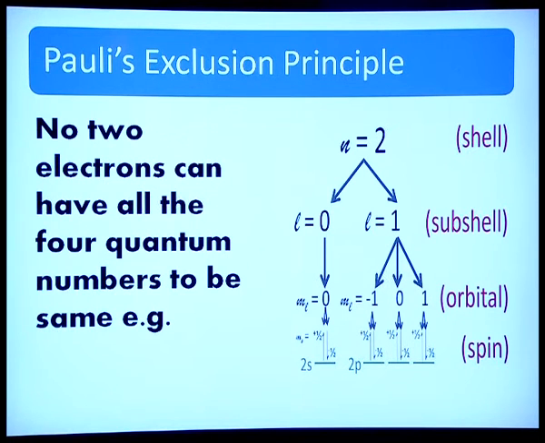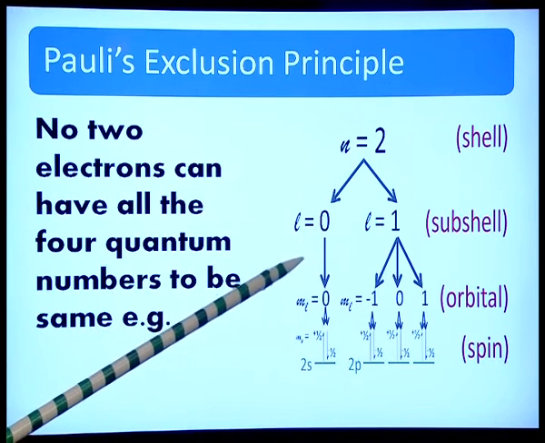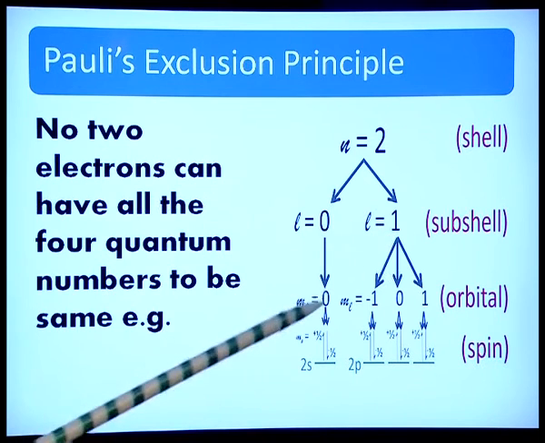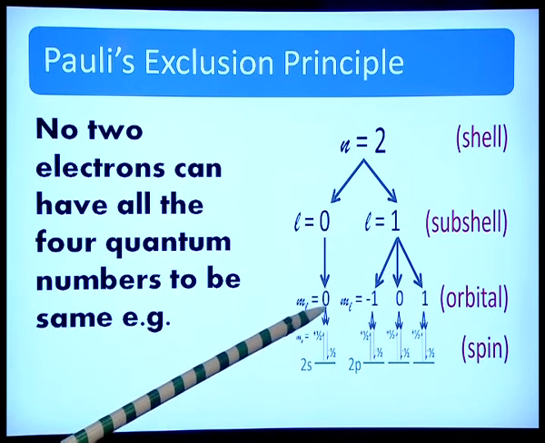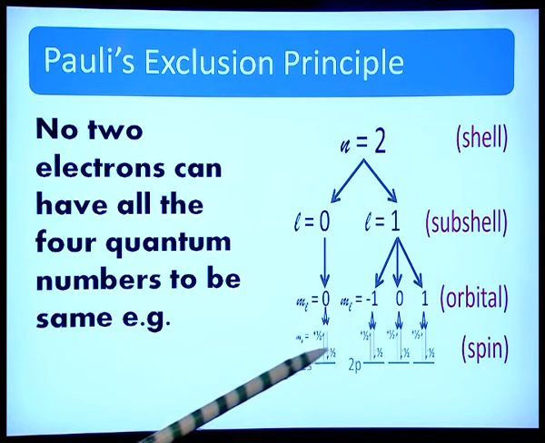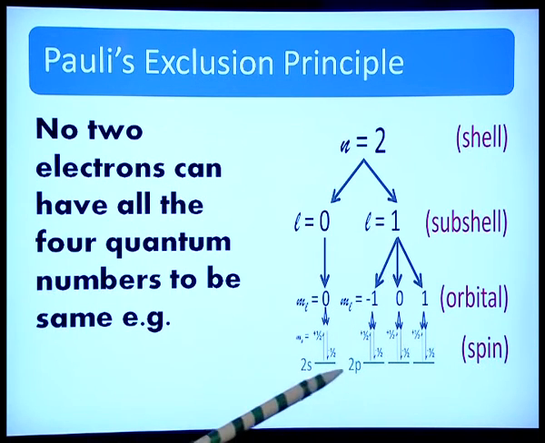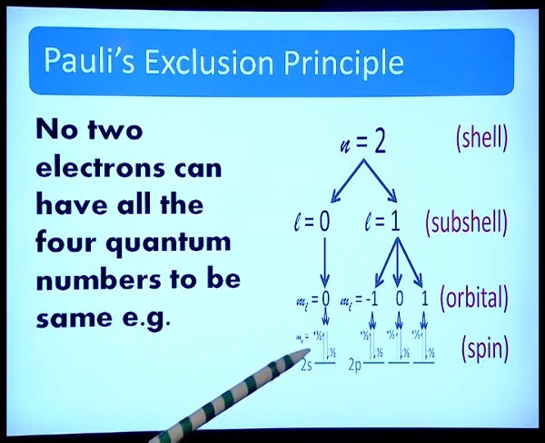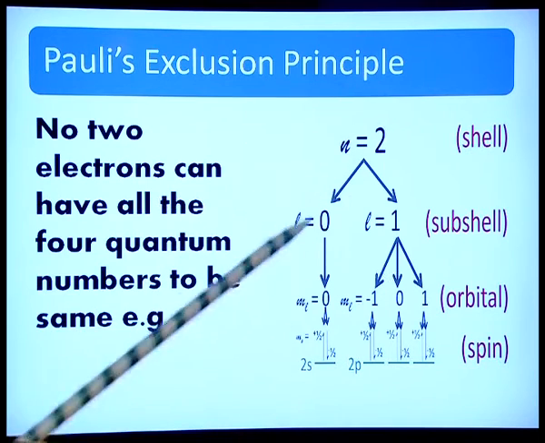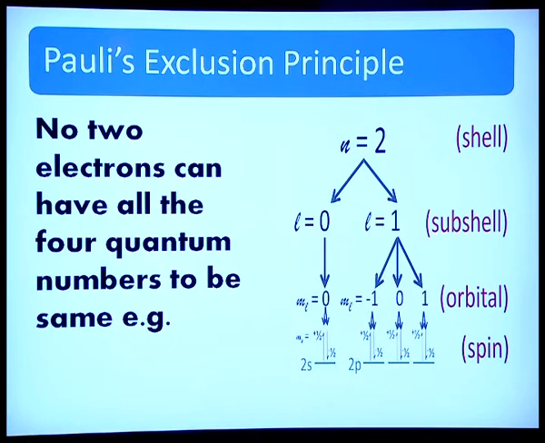For example, for the n equal to 2 shell, l can be either 0 or 1, ml value can be either 0, -1, +1, and the spin quantum number must be +1/2 or -1/2. I mean to say all the 4 quantum numbers must not be the same.